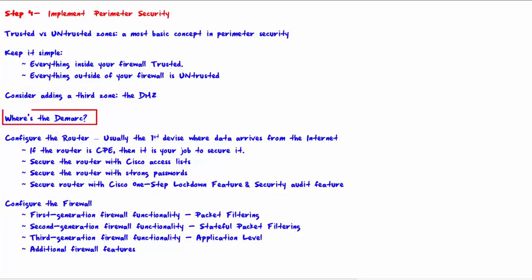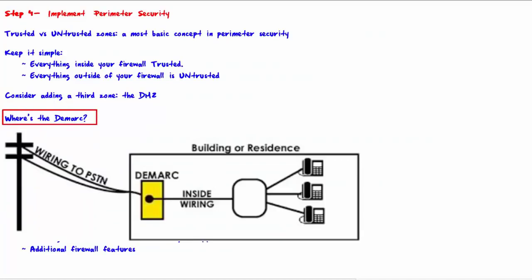Where's the DMARC? To get internet access, we need to pay an ISP, Internet Service Provider, to provide that connection. Any equipment necessary for the internet connection that is owned by you is called CPE, Customer Premises Equipment. Anything outside of the CPE is owned by the ISP.